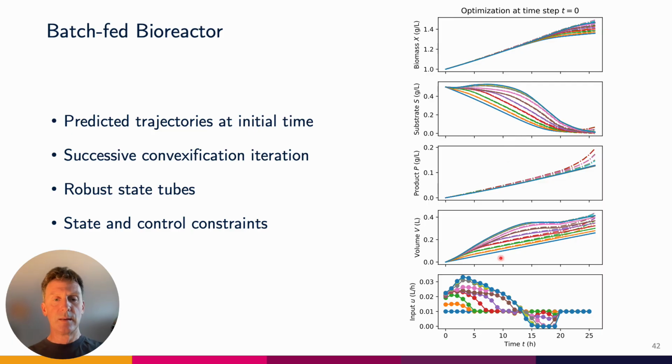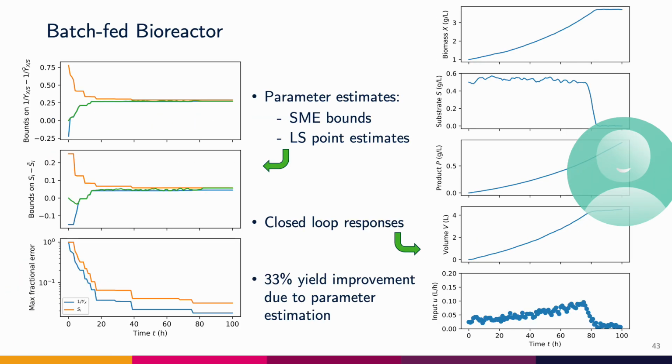Here we're using, I think, 10 iterations at each time step. These plots show the parameter estimation convergence on the left-hand side and the closed-loop response of the predictive control scheme on the right-hand side. The important point here is that we get about a third improvement in yield due to parameter estimation.